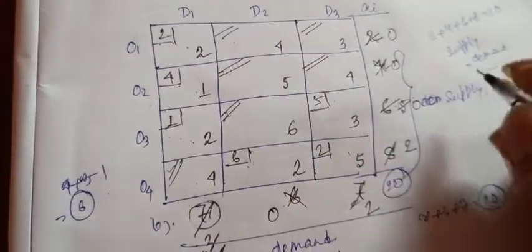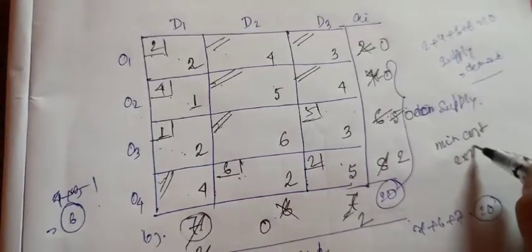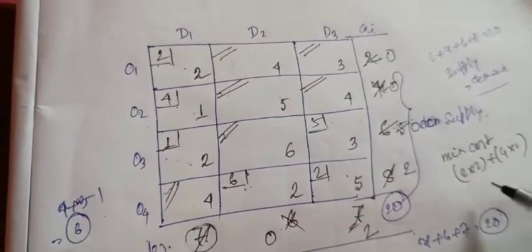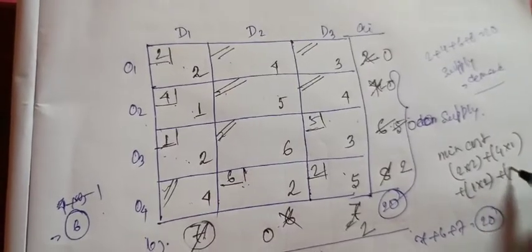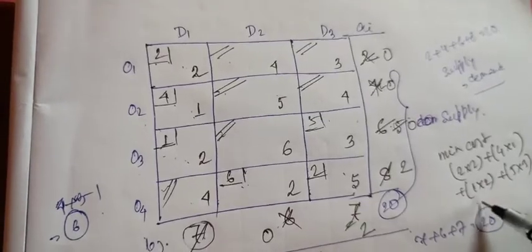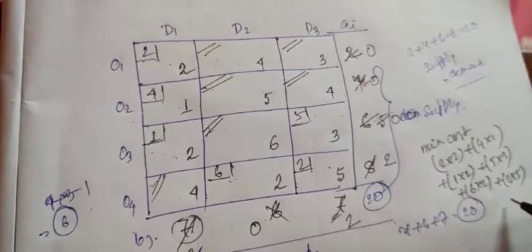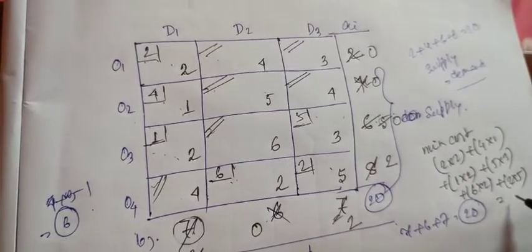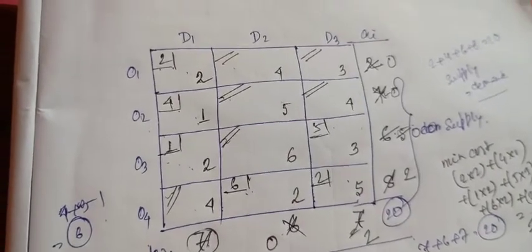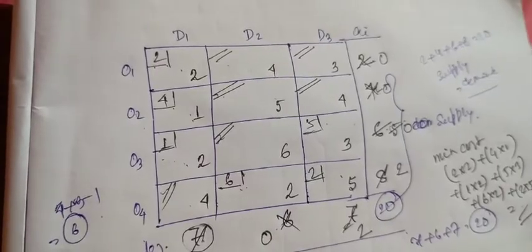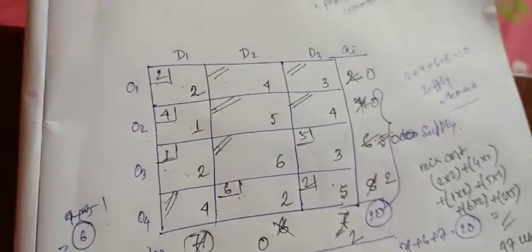The minimum cost will be 2 cross 2 plus 4 cross 1 plus 1 cross 2 plus 5 cross 3 plus 6 cross 2 plus 2 cross 5, and sum up to get the result. So the solution will be 4 plus 4 is 8, plus 2 is 10, plus 15 is 25, 37, 47. 47 units will be the transportation cost.